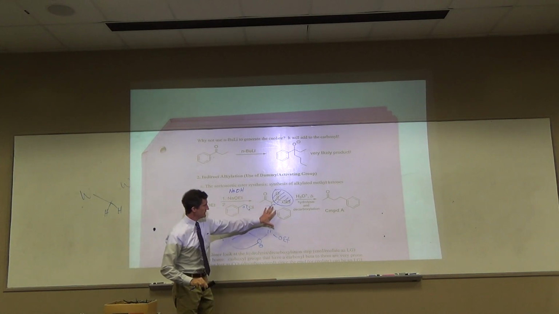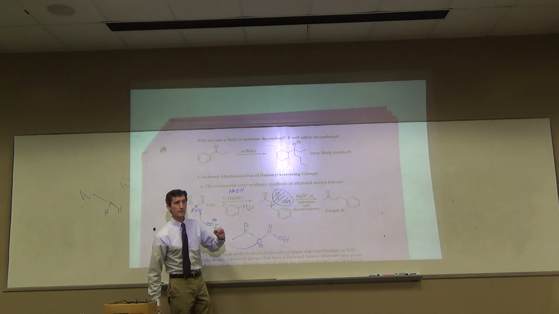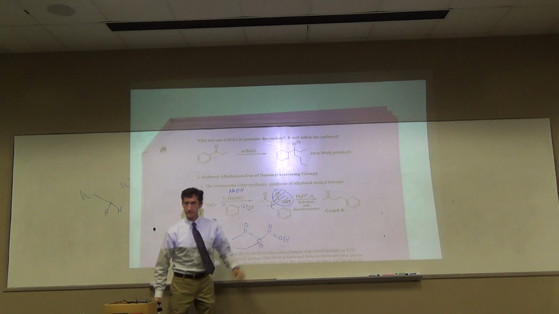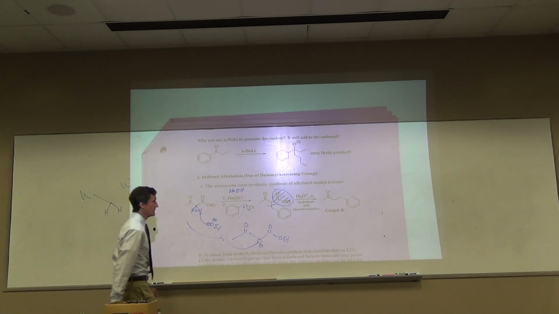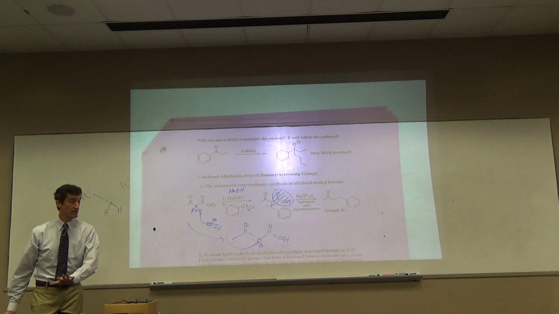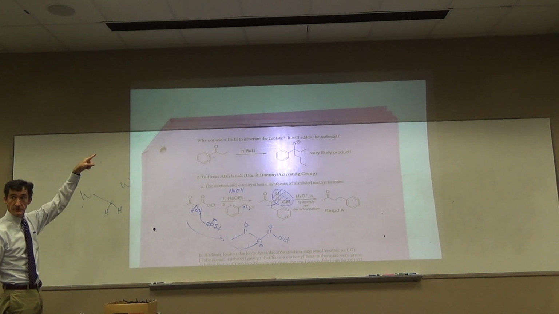And if you remove it, you're essentially replacing it with an H. We'll be looking at this mechanism. It leaves you with that there, which is that compound over there. This can be removed by aqueous acid. We'll look at how. But that's compound A, which we showed above.